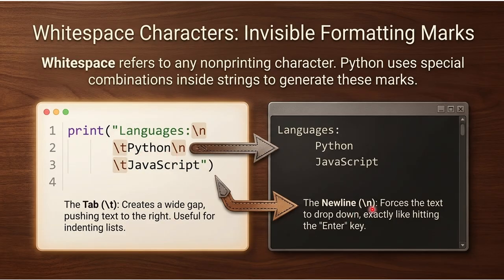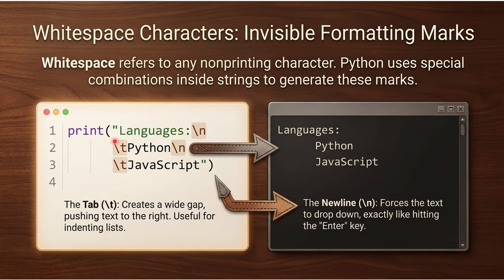Slash n forces the text to drop down exactly like hitting the enter key. Here we have languages, and after the colon we have slash n. Whatever is after slash n will go to the new line. You see here, it has moved to the new line.